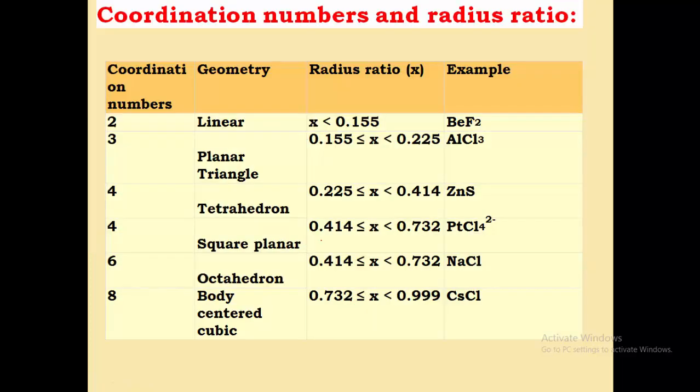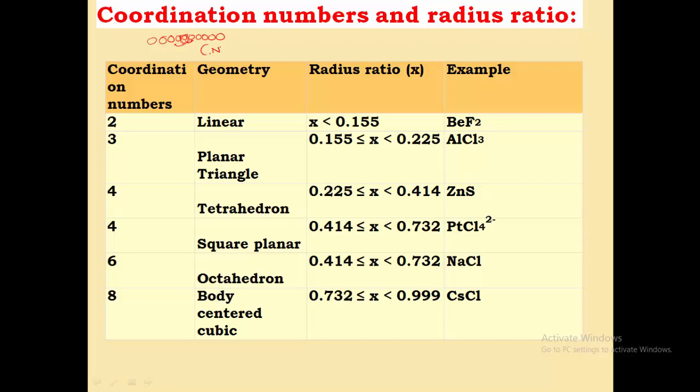Okay. Next, coordination numbers and radius ratio. The coordination number means the number of nearest neighboring atoms to the constituent particle or particular atom. So if I consider this one as an atom, the number of neighboring atoms is 2, exactly at the adjacent sides there are 2 particles.